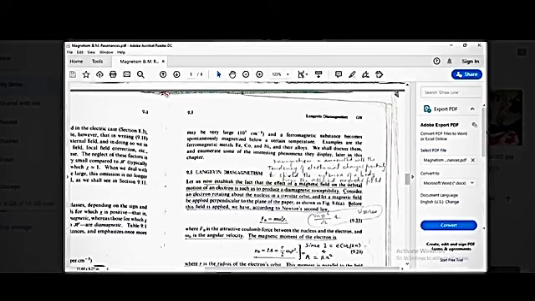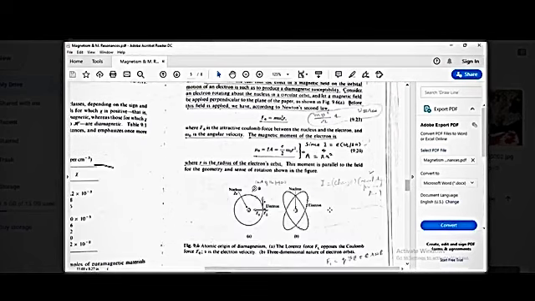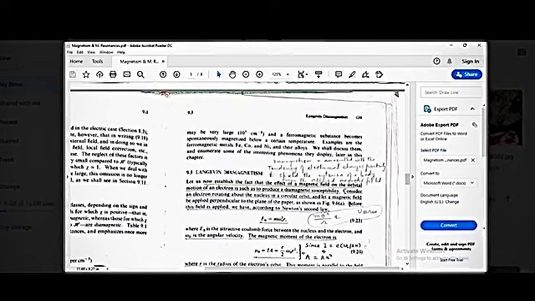This equation is the same as I have handwritten on the right side of equation 9.23, that is mv square over r, which is the centripetal force, and by substituting v equal to r omega, you get F0 equal to m omega naught square into r, where F naught is the attractive Coulomb force between the nucleus and the electron, and omega naught is the angular velocity.